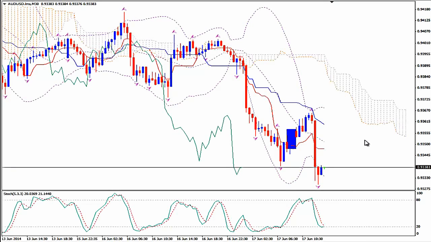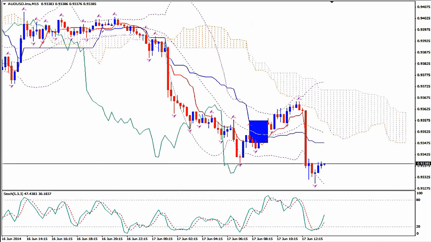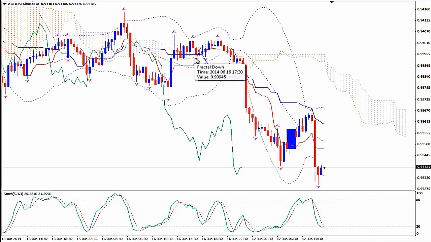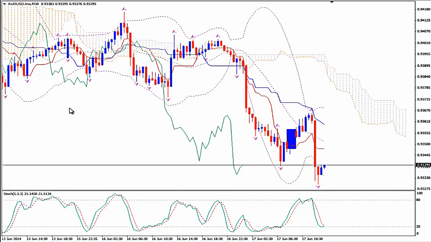You wait for that correction, and when you see a bearish price Tenkan-sen cross, you enter again. So you practically exit when a bullish price Tenkan-sen cross happens, you enter when a bearish price Tenkan-sen cross happens, you exit when a bullish price Tenkan-sen cross happens, and you enter again when a bearish price Tenkan-sen cross happens on M30. You can do the same with M15. It's up to you. This is another approach. Thanks for watching and happy pips.